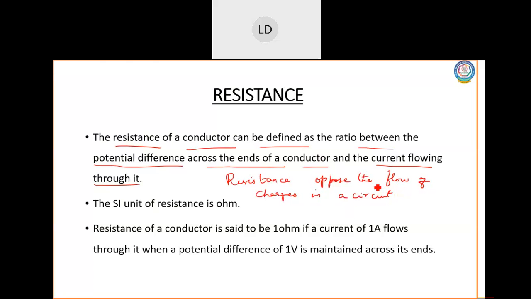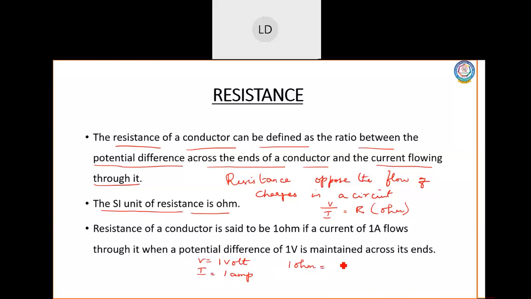So the resistance is different for different types of materials, and the SI unit of resistance is ohm. I just wrote the formula, V by I is equal to R. So the unit for resistance is ohm. Now if the potential difference is 1 volt and the current is 1 ampere, then the resistance will be 1 ohm.